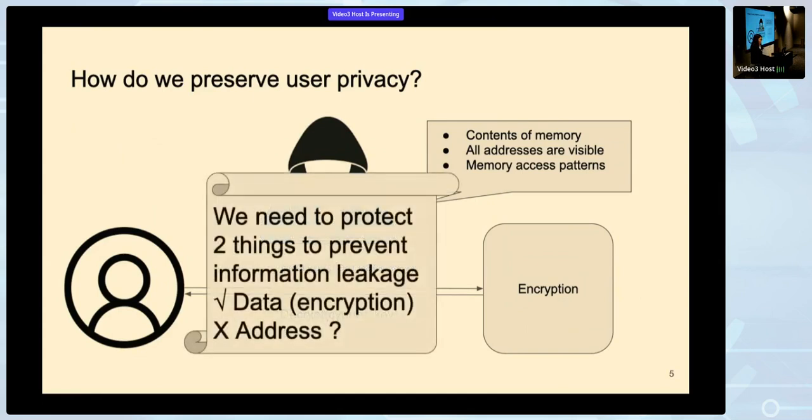Here, we can use encryption to protect the data, but what about addresses? What about addresses when they are secrets themselves? Here's an example where you're indexing an array with a secret index.